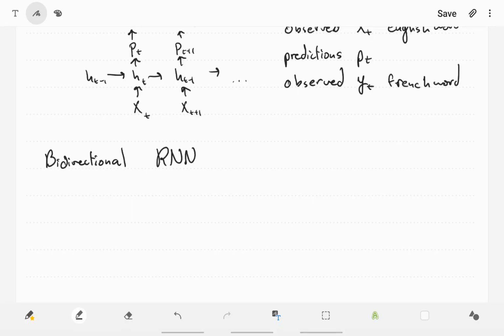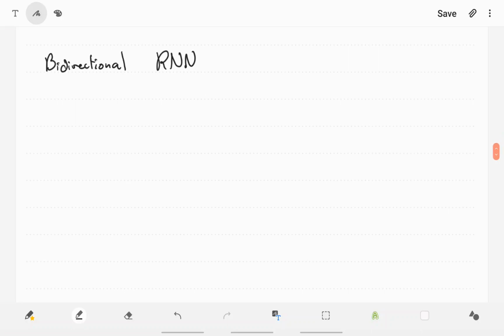recurrent neural nets. In the bidirectional recurrent neural nets, we're just going to have another layer of hidden states. So we have x sub t feeding into h sub t, but then we also have some other set of hidden states, g sub t, which then goes into our prediction, p sub t. And this h sub t and g sub t both are going to be used to make this prediction. This h sub t is going to feed forward to h sub t plus 1. So you have x sub t plus 1, for example, and h sub t minus 1 is input to h sub t, and this is a function of x sub t minus 1.